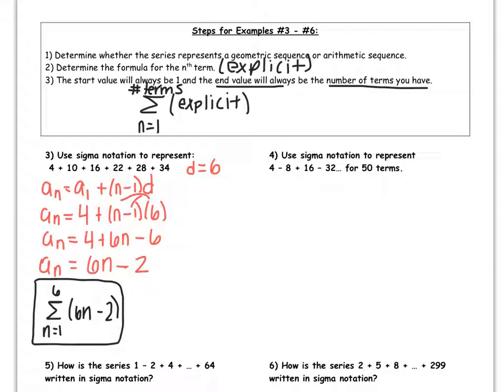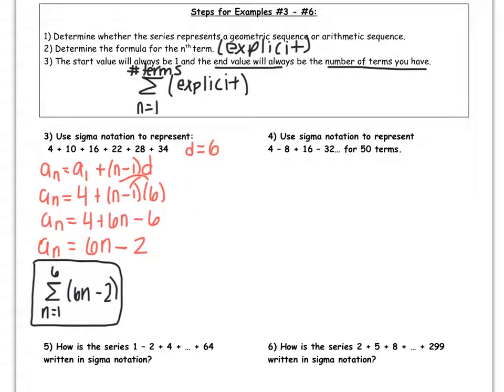Okay, let's try the next example. So number 4 says use sigma notation to represent 4, negative 8, 16, negative 32 for the first 50 terms. So we have to first figure out if this sequence is geometric or arithmetic. And it looks like to go from 4 to negative 8, I'm multiplying by an r value of negative 2.